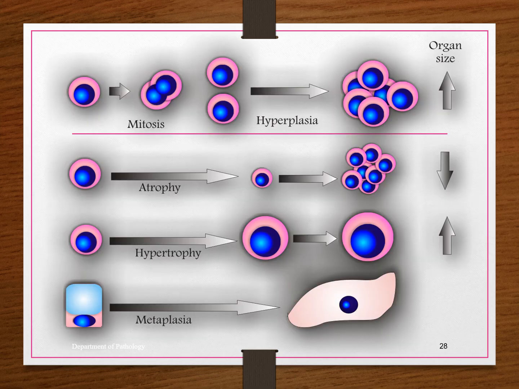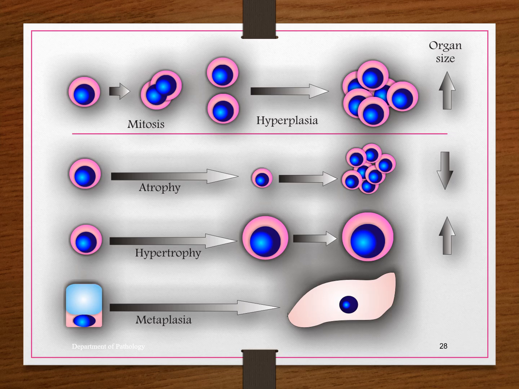Summary. When a cell undergoes mitotic division and there is increase in the number of cells, then it is hyperplasia. When the cell size is increased, it is hypertrophy. When the cell size is decreased, it is atrophy.